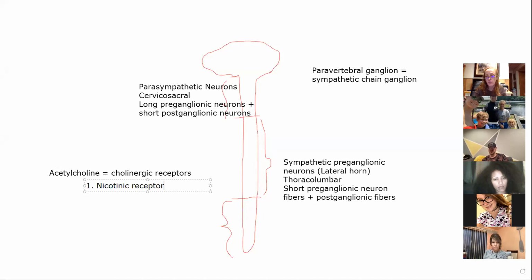That's where the name comes from. Nicotine mimics acetylcholine in structure. Muscarinic comes from the really nasty toxin muscarine that binds to this receptor. And if I remember right, it's a paralyzing toxin.